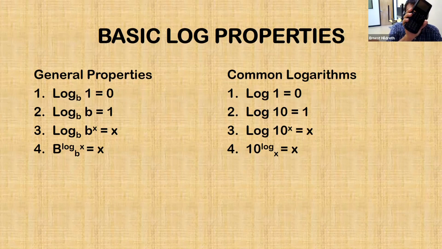I use an old-fashioned calculator. These are presets, and you can also use your phone's calculator, whatever you're good with. So log base 10 of 10 is equal to 1, and log base 10 of 10 to the power of x is x, and 10 to the log base 10 of x is equal to x.